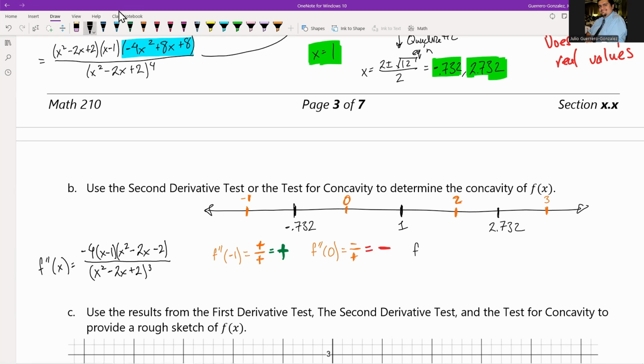F, whoops, wrong color. f double prime of 2. 2 minus 1, that's going to be positive. 2 squared, that's 4. Minus 2, oh, sorry, minus 4. So it's going to be 4 minus 4, 0 minus 2.